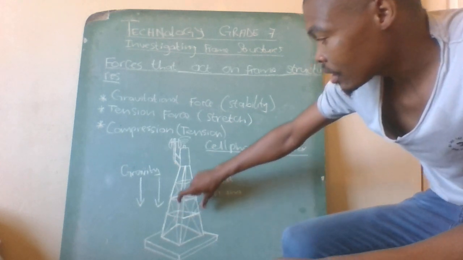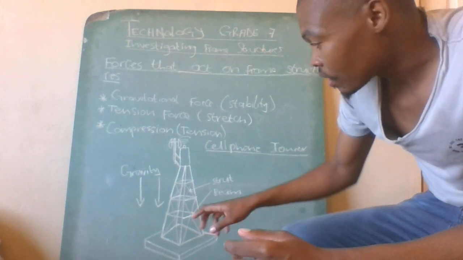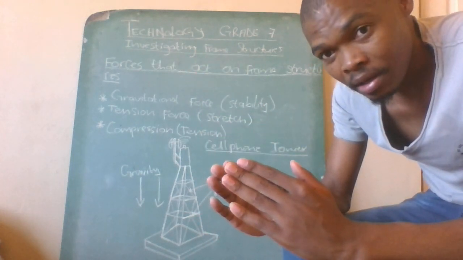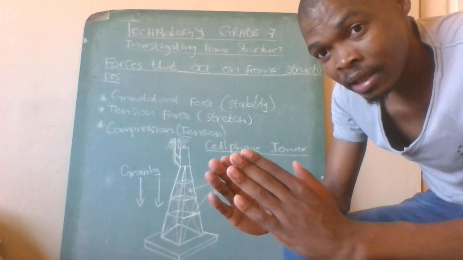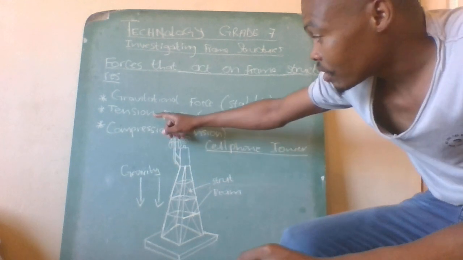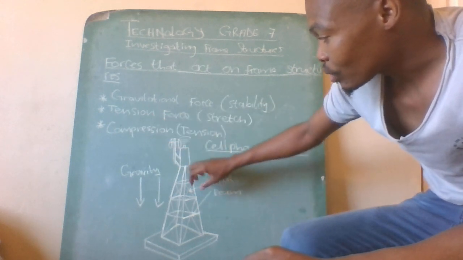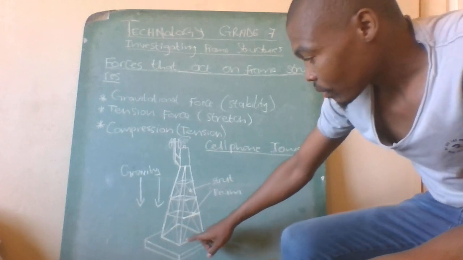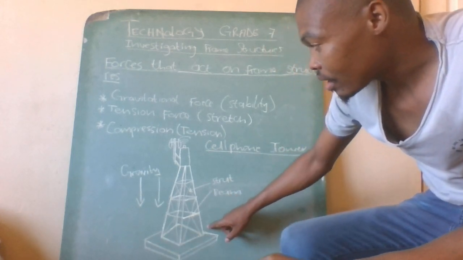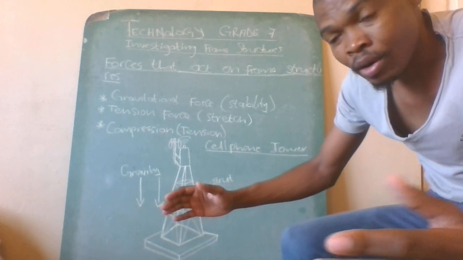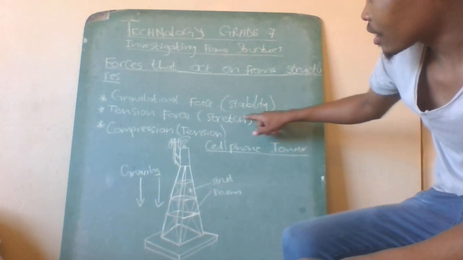You see that the shape of the structure as it goes up is becoming small, and it must always be kept like that. That tension force helps the structure to keep its shape, because at the ground level the structure must be wide in order to help the structure to be stable.